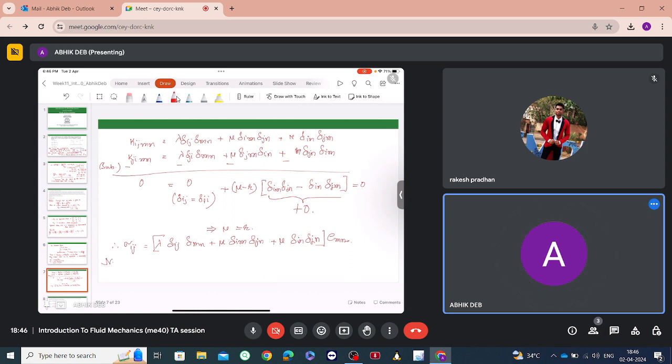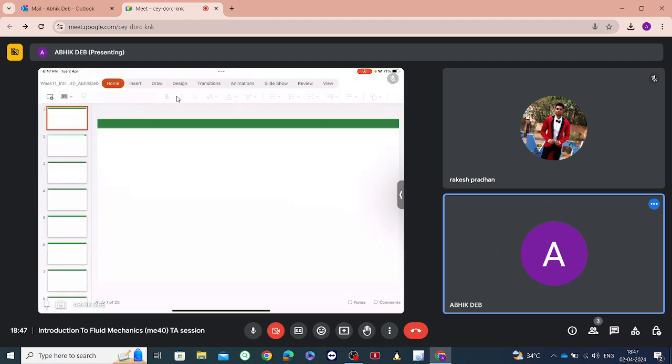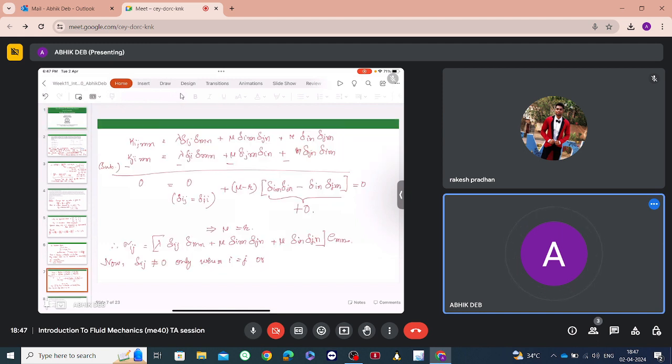Now this delta ij, the Kronecker delta, is not equal to 0 only when i is equal to j, and delta mn will not be equal to 0 only when m is equal to n.